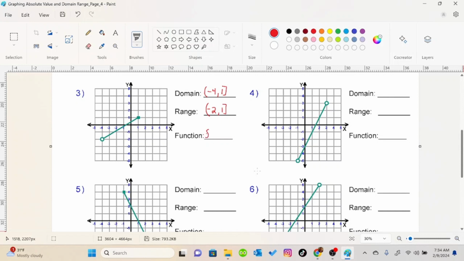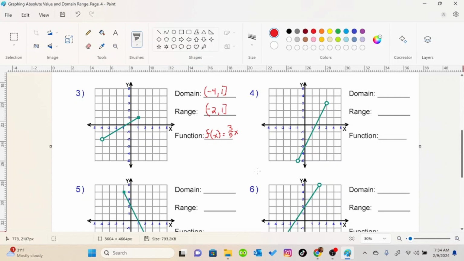Our function would be f of x equals our slope. We could say that we went up 3, right 5, so that would be 3 over 5x.